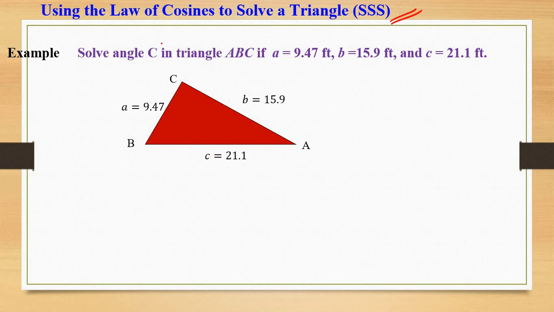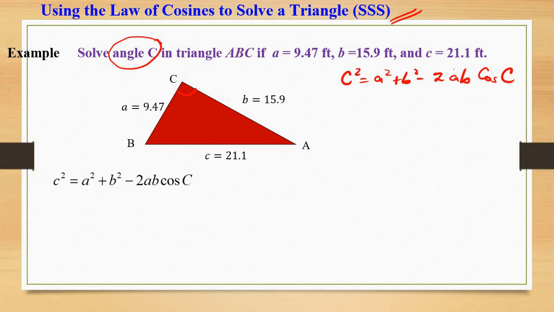So what is being asked in the problem? That is, we are going to solve for angle C. So again, if that is angle C, that is side C, we have C squared is equal to A squared plus B squared minus 2AB cosine C. In this example, I will be using this formula.